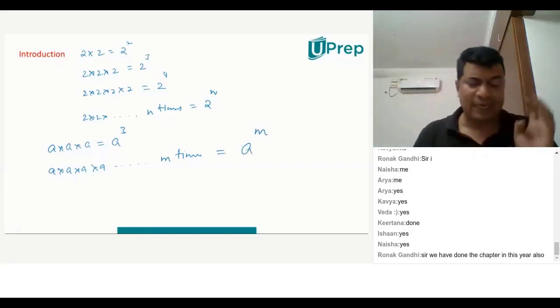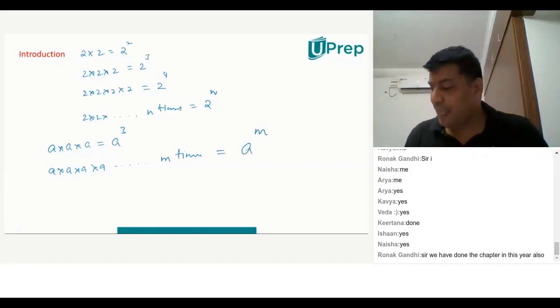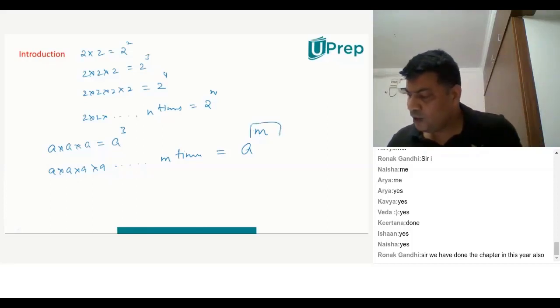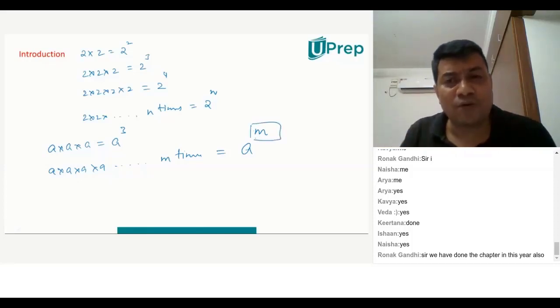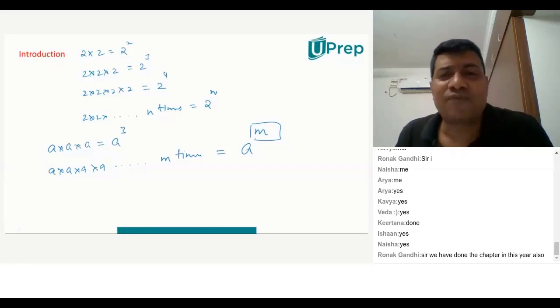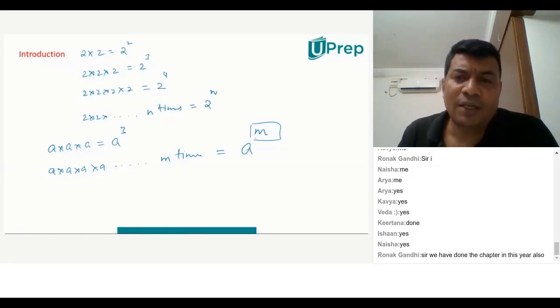We say it as a to the power of m, a raised to the power of m, a exponent m. People say it in different ways. It doesn't matter. In mathematics, how you say it is not so important, but how you use it and solve is very important. But it's good if you know how to say it.